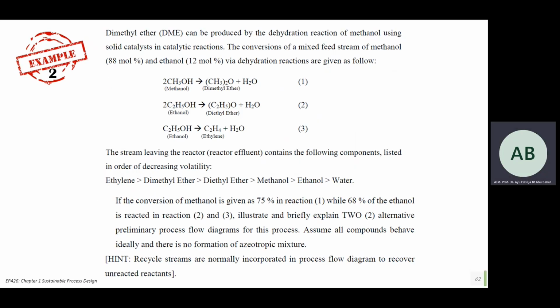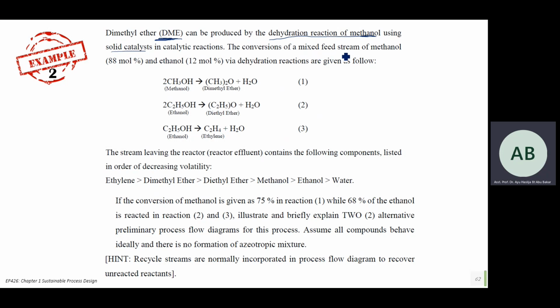Okay. Try to do example 2. In example 2, you are given DME. The product is DME, which can be produced by dehydration reaction of methanol using a solid catalyst. Your input is methanol.